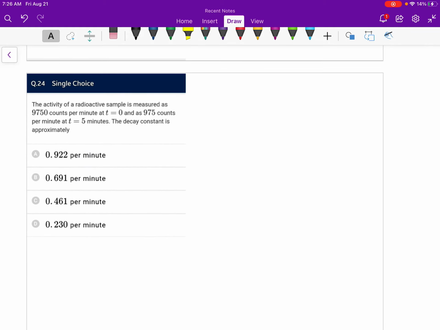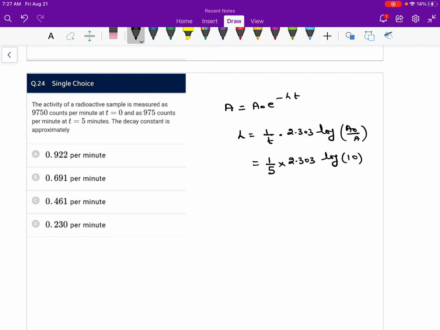The activity of a radioactive sample is measured as this at t equals 0, and this at t equals 5 minutes. The decay constant is, so A is A naught e to the power minus lambda t, or lambda is 1 by t into 2.303 log of A naught by A. So A naught by A, that is 1 upon 5 into 2.303 log 10, which is 1.